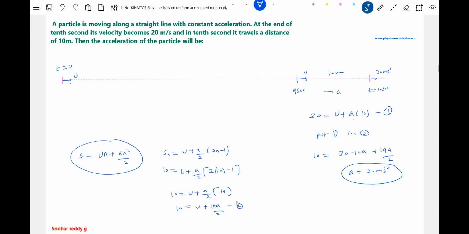What is S? I indicated S. S is this much, till here. He didn't ask for S. Okay, if you asked for S, we can calculate that also. How to calculate that? Because now we know A. After getting A, we'll get U also. Substitute A as 20. So 10 is equal to U plus 19 by 2 into 20.